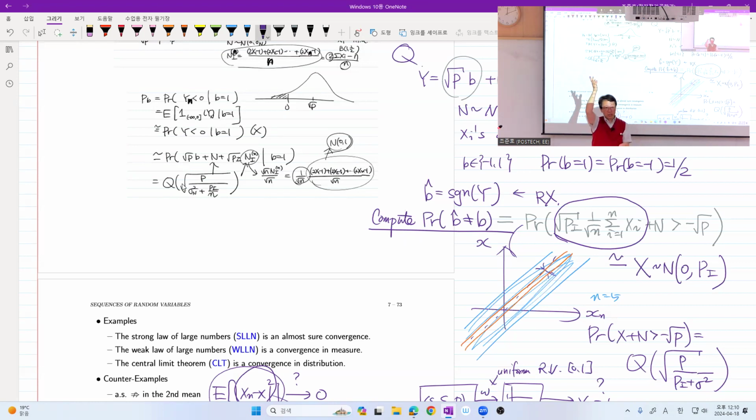And our seniors used convergence in distribution to prove that. And what would be the simplest tool? The characteristic function. So they showed the characteristic function converges to the Gaussian characteristic function. And that's all. Got it?